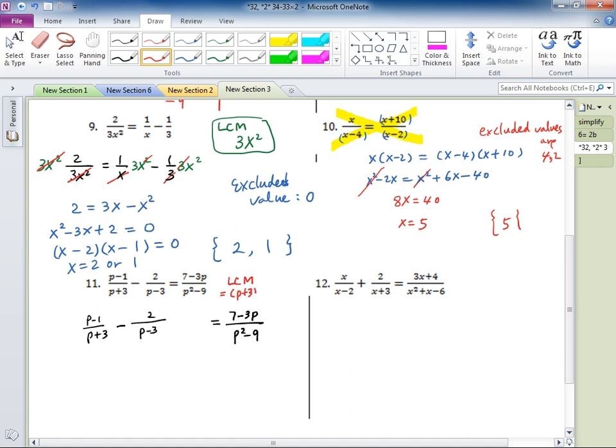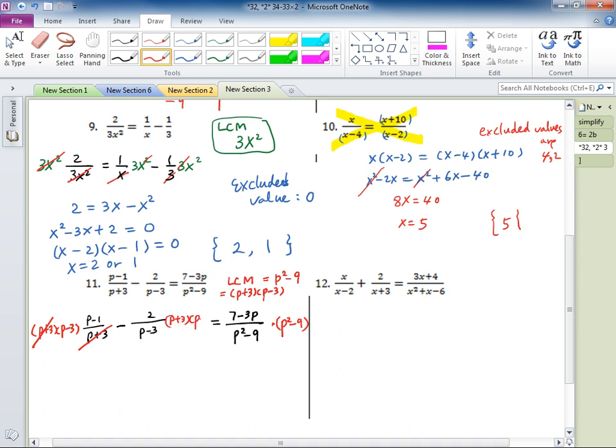P plus 3, p minus 3. Can you expand? If it is expanded, that will be p squared minus 9. So either form is fine. You can put p squared minus 9 as the least common multiple, that's fine. You can write p plus 3, p minus 3 because you see the same thing, that's fine. So either way, notations are fine.